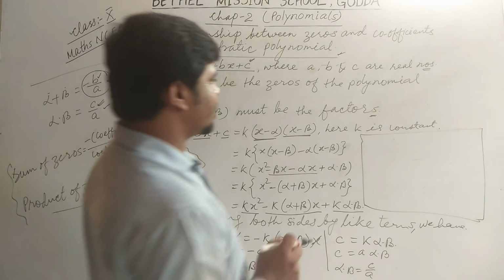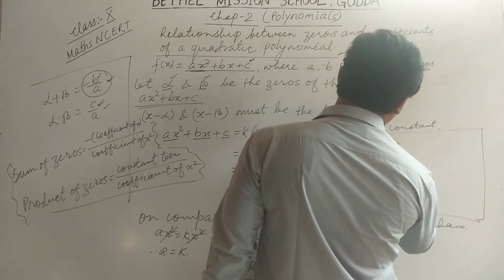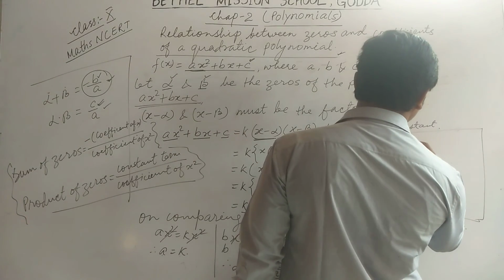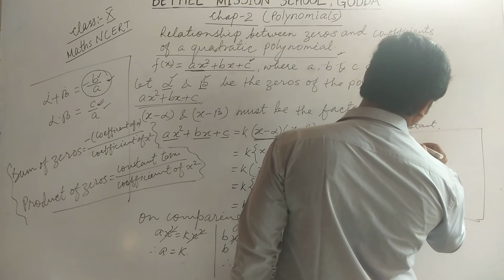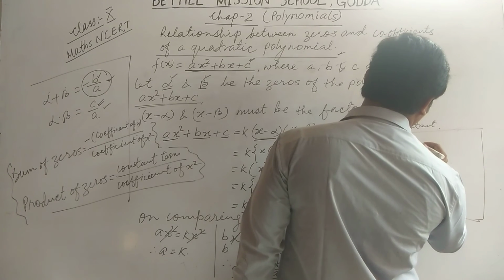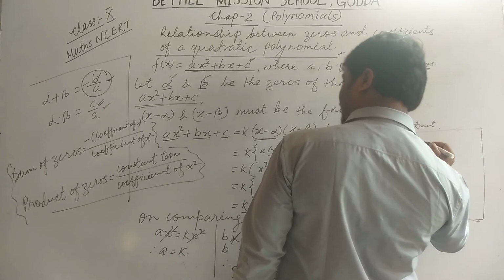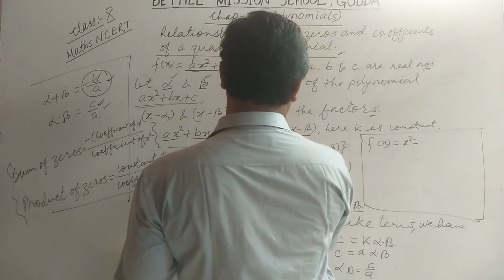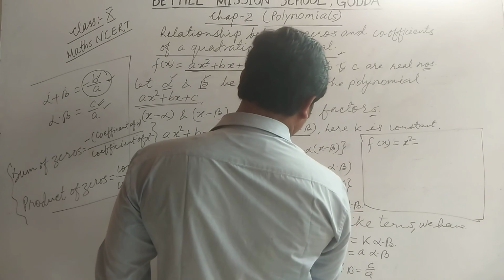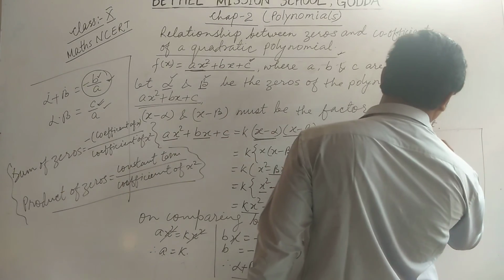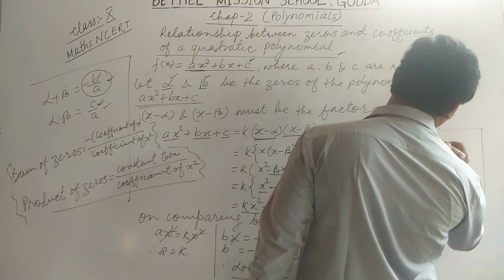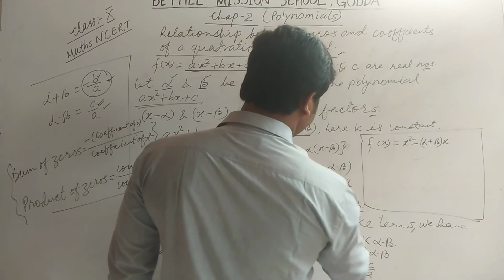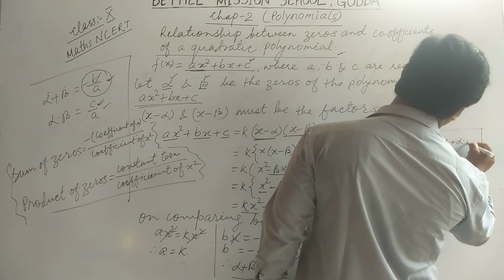There is one structure for that. f(x) equal to formation of the polynomial: x square, after that minus, here alpha plus beta means sum of zeros into x, and plus alpha into beta, the product of zeros.